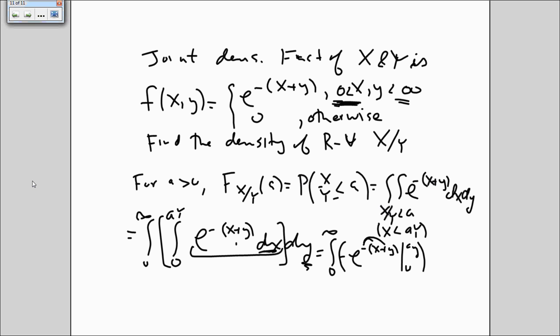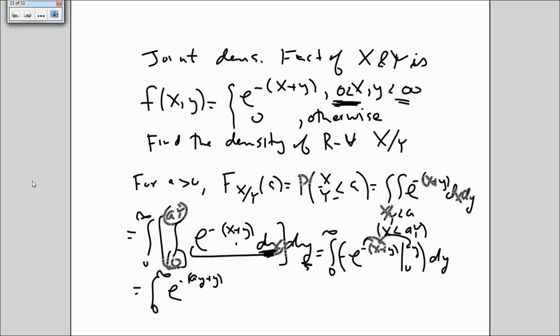And then that gets integrated with respect to y. So we have the integral from 0 to infinity. And remember, that's an x there. That is, these limits go in for x. So I get e to the negative ay plus y.